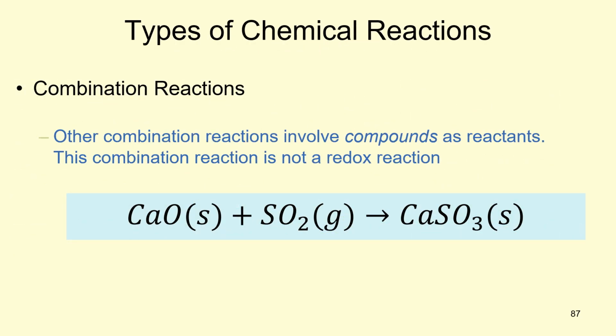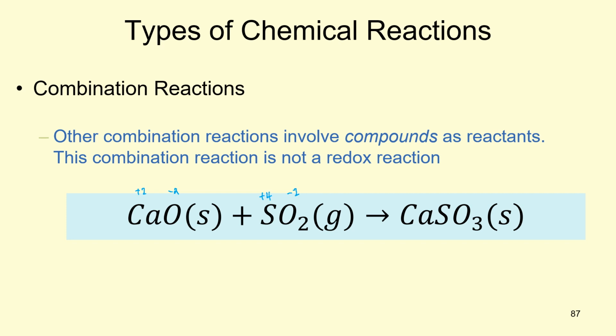Here's another example of a combination reaction that is not redox. This would be combination because CaO plus SO2 gives us CaSO3. Let's see, I can do it really quickly. O here has an oxidation number of -2. Ca has an oxidation number of +2. O here is a -2, so that means S has to be a +4.